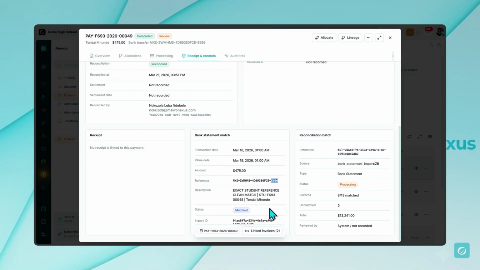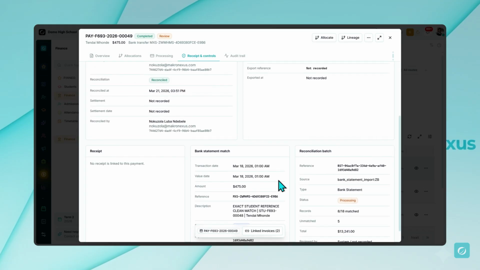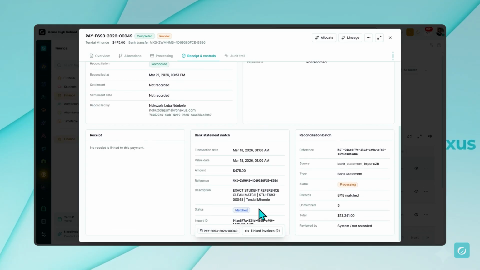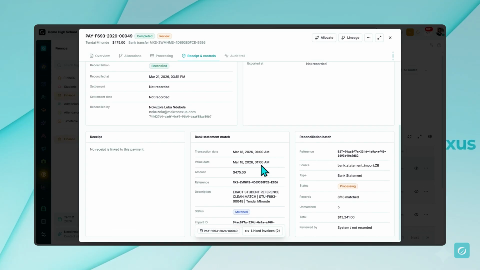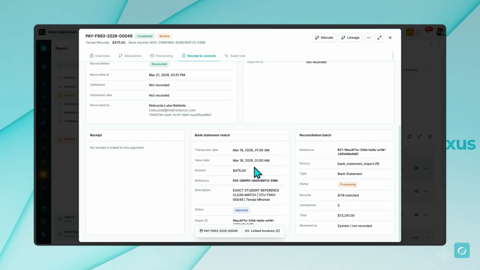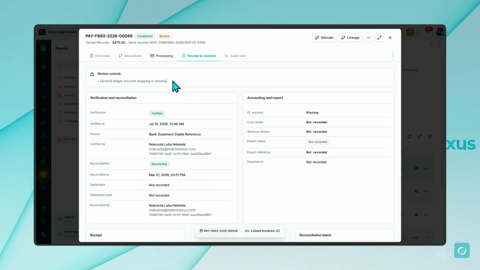This is an important distinction. We are not merely looking at a payment somebody typed into the system. We can connect the student reference, the bank statement transaction, the recorded payment, and both invoice allocations. We have proved each part individually.